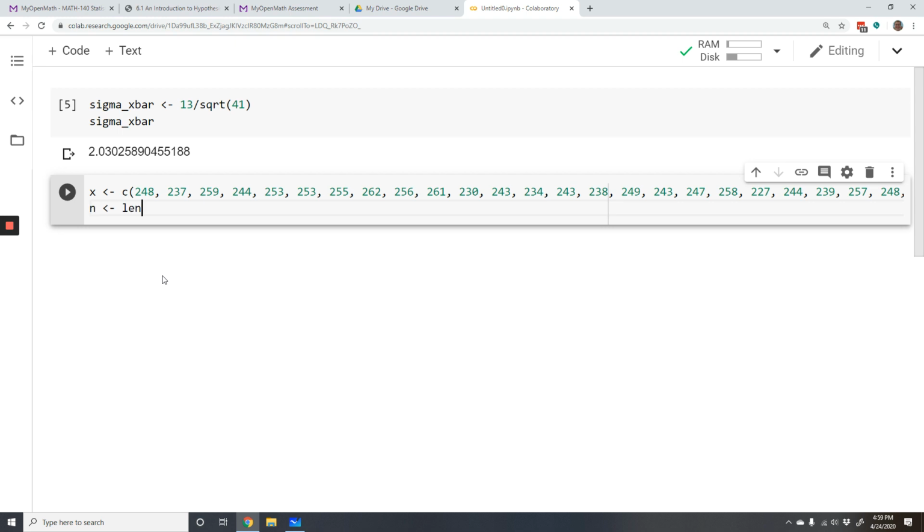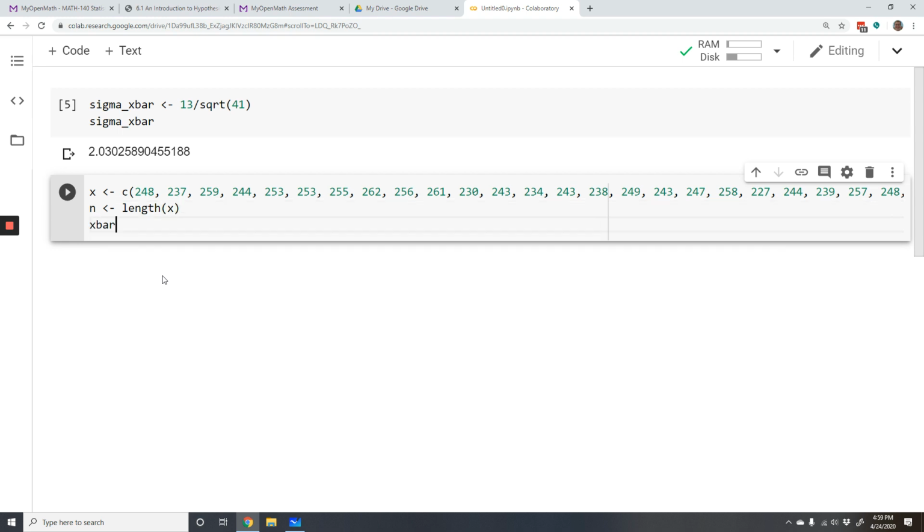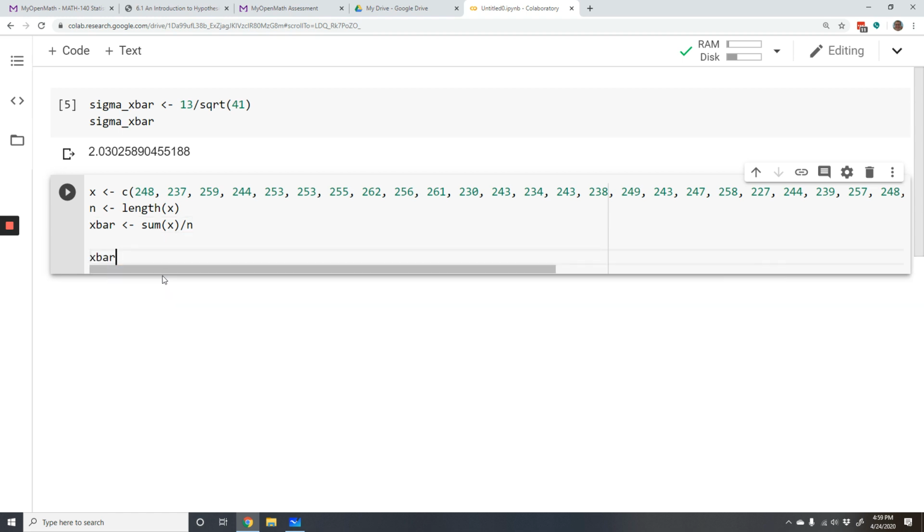My n is however many values I have, so the length of that list of values, length of x. And then my sample mean is just going to be the sum of all those values divided by n. Hopefully you're very comfortable with this.